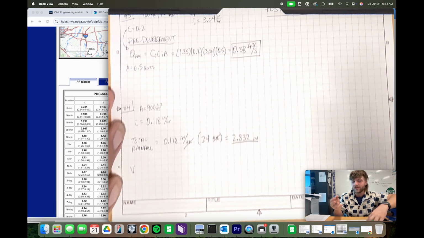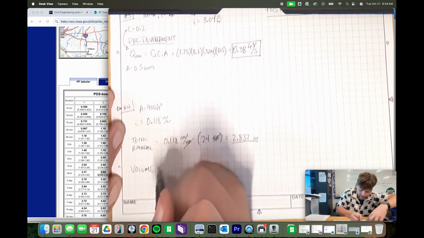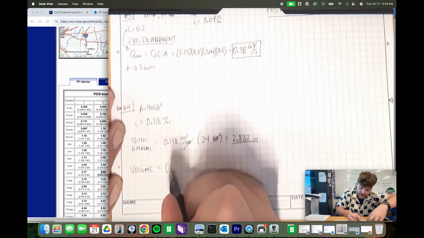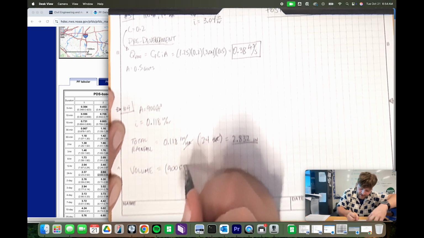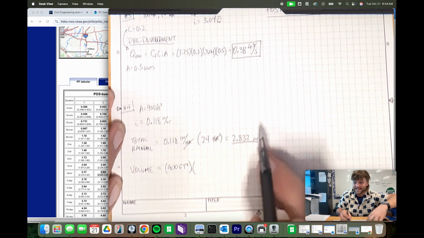So what we're looking for is a volume, and this is just a linear distance here. What we can do is this: for the volume of water, we take our 900 square feet, because that's the actual footprint of our house. We multiply that by the 2.832 inches converted to feet.